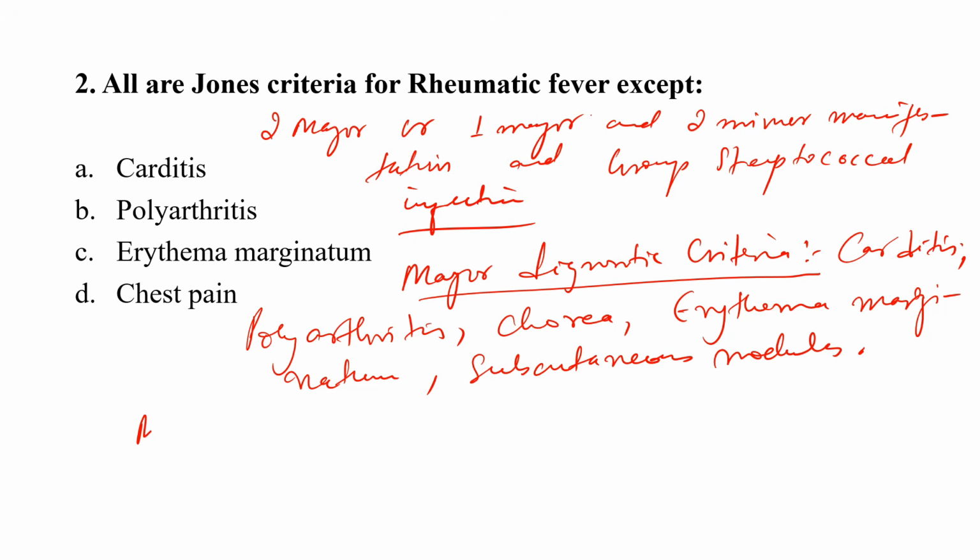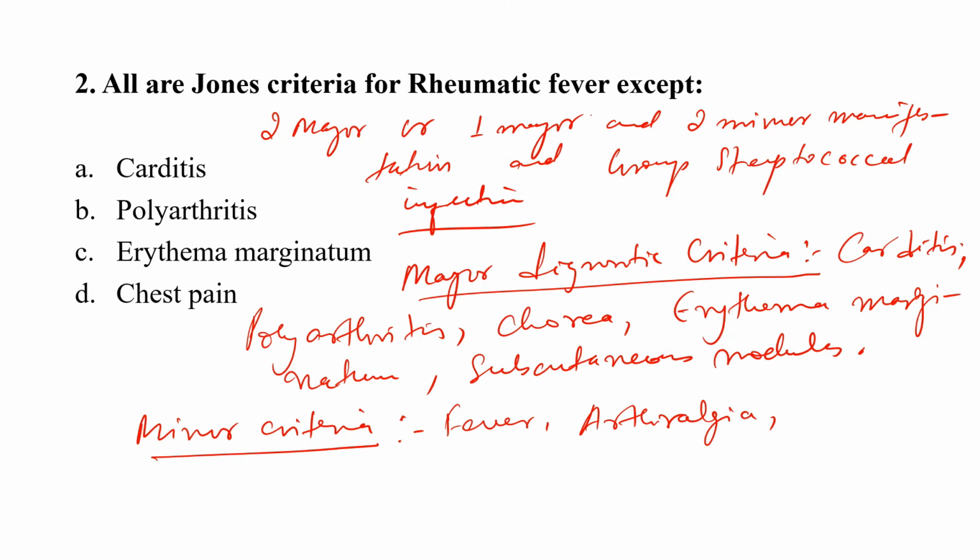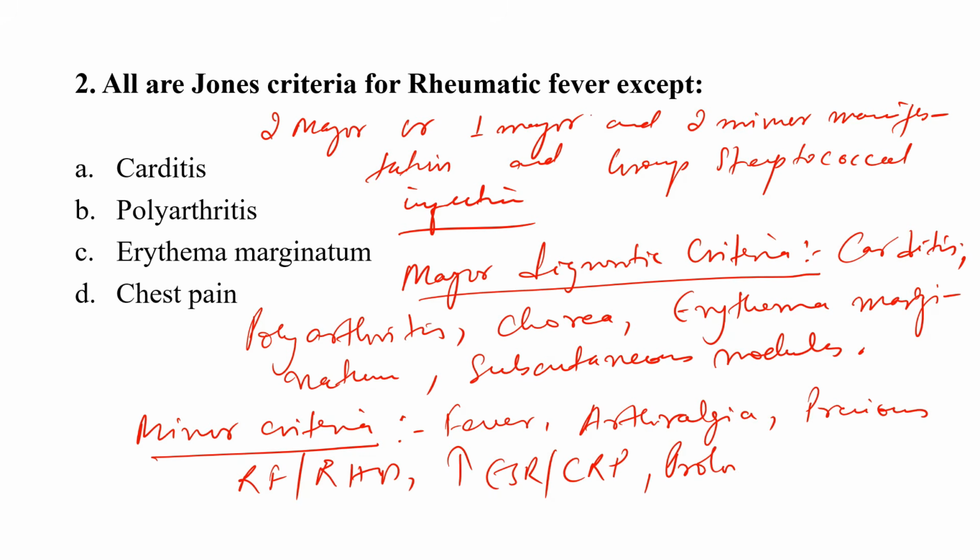And the minor criteria are fever, arthralgia, previous history of rheumatic fever or rheumatic heart disease, elevated ESR or CRP, and prolonged PR interval.